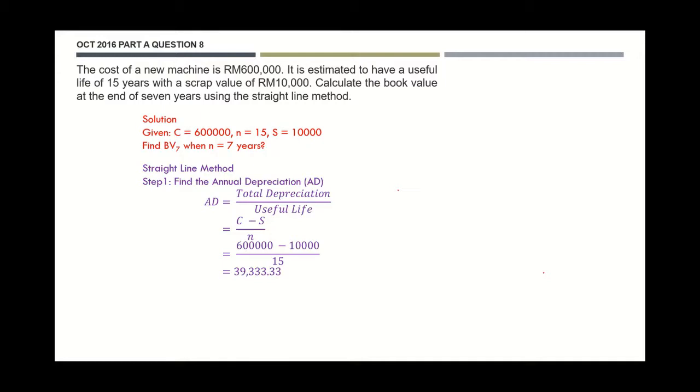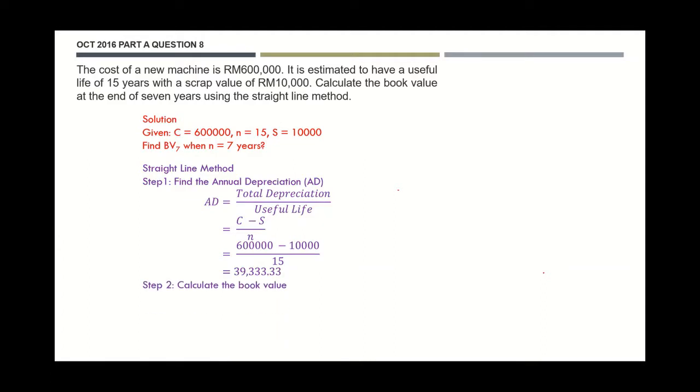In this case, the cost is 600,000 and the scrap value is 10,000, divided by the useful life of 15 years. So the annual depreciation came up to be around 39,333 ringgit 0.33 cents.